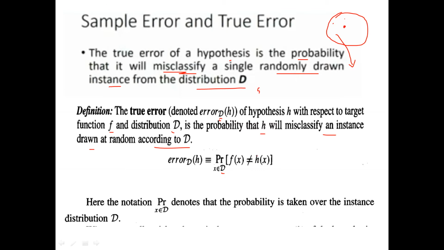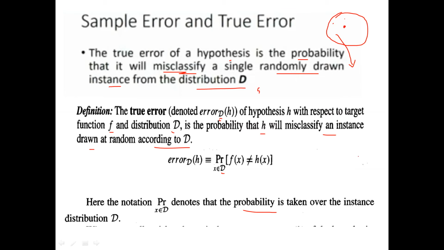If both are the same, there is no error. So this probability of f of x not equal to h of x, we call the true error. In this notation, Pr denotes the probability which is taken over the instances of your distribution D, right?